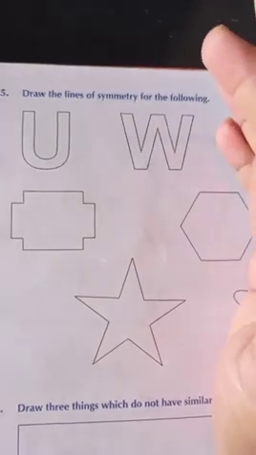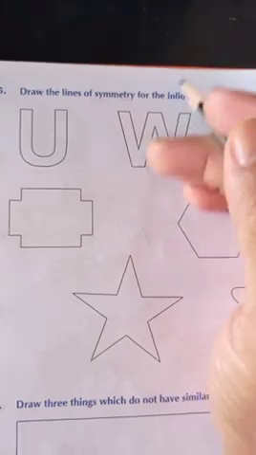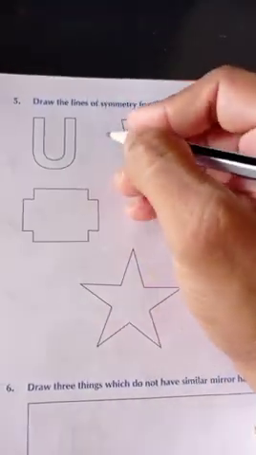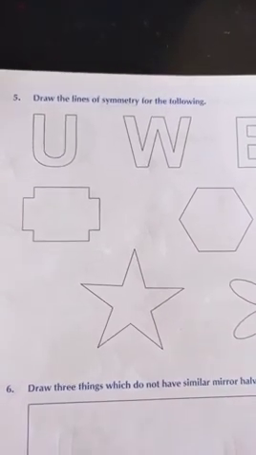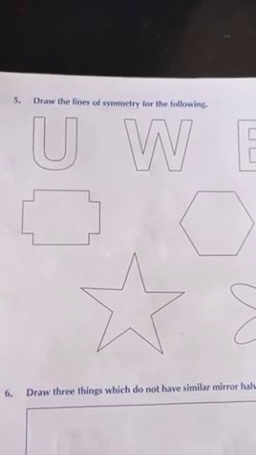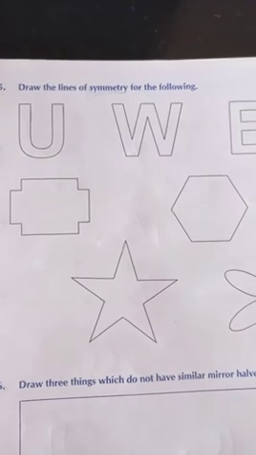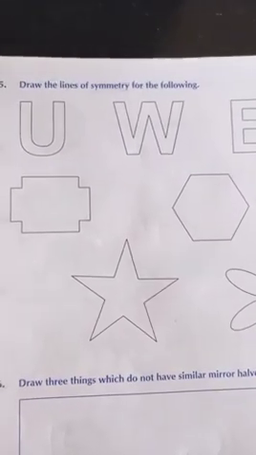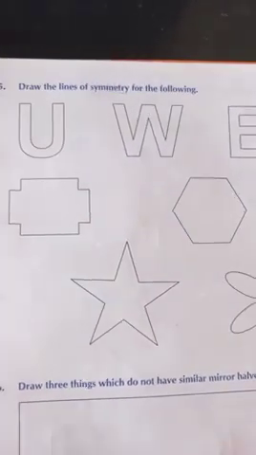We have to divide it into two parts. Yes children, now you have to draw a line. When you draw this line, see that the object or any letters that are given will divide into two equal, similar parts.